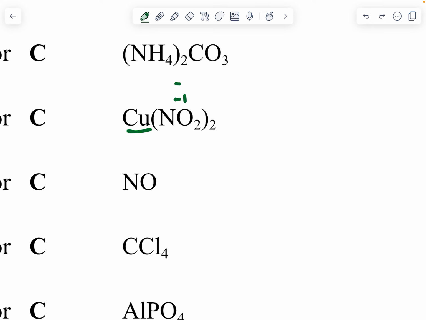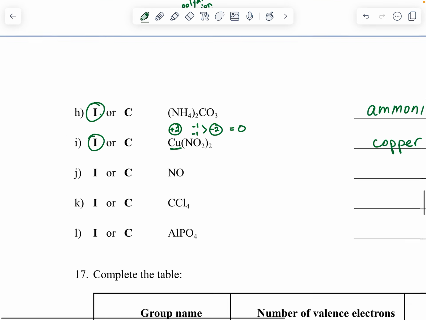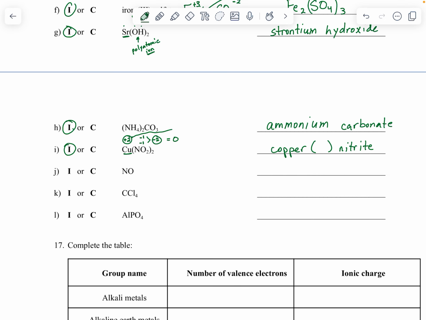So overall, if I have 2 -1s, the negative total is -2. Well, I need this overall charge to be 0, and this formula is already balanced. So I have the right amount of copper here to balance out a -2. I only have 1, so the charge that the copper takes has to be the +2 variation of it. And because of that, now I know what number goes in here.